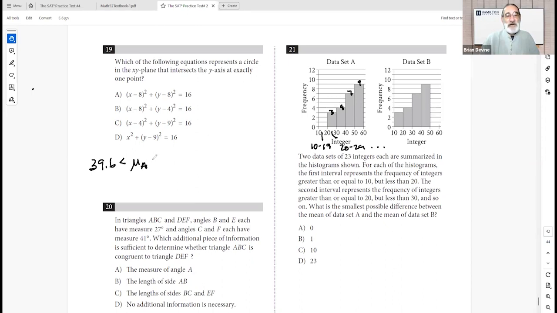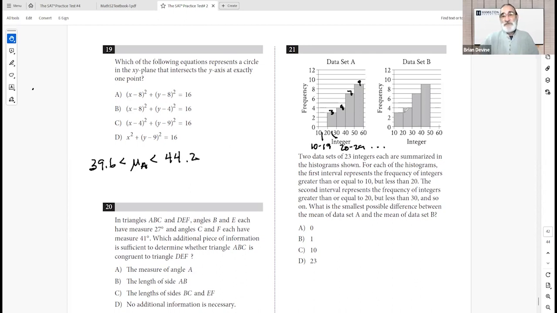But then if I go to the high end of the interval, 3 times 29 plus 4 times 39 plus 7 times 49 plus 9 times 59, then divide all that by 23, I'm going to get that the mean of A could be as high as 44.2.